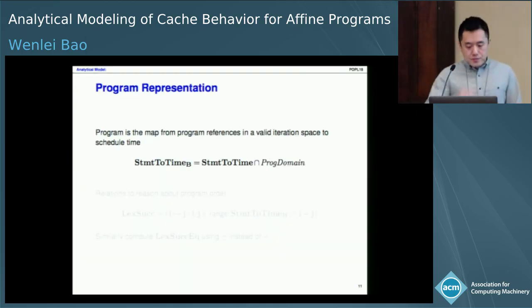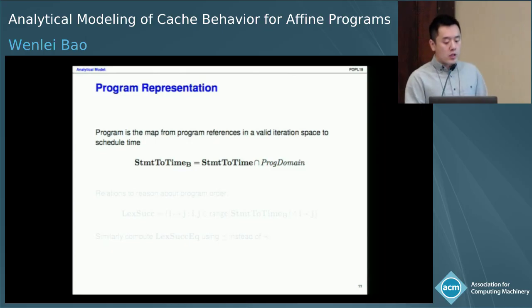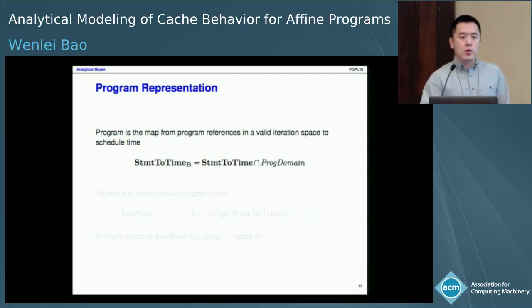The program order is the execution order, which can be treated as a trace. The intersection with the program domain will bound these relations so that you can count the numbers and do other things.